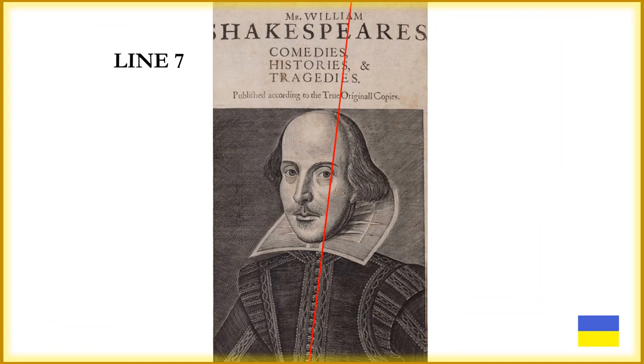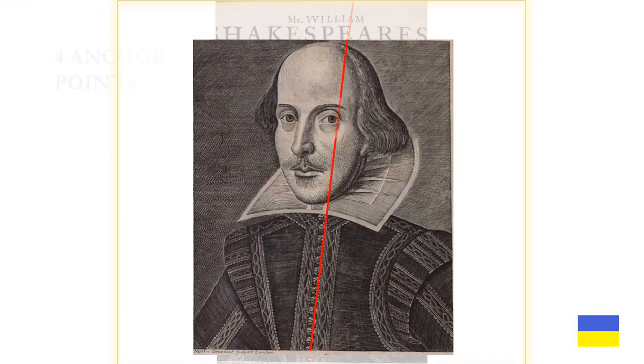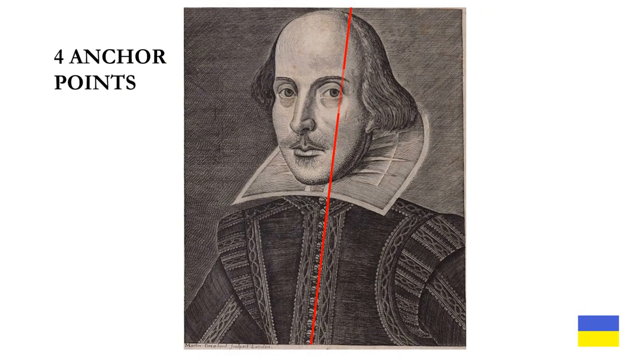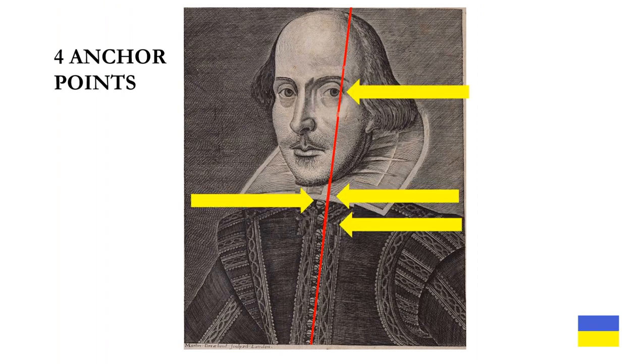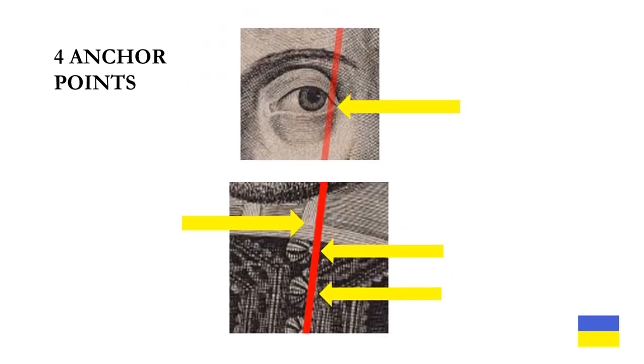Line 7. This is the button line, going straight through the buttons. In the Droeshout engraving, it has 4 anchor points. Top to bottom, they are the right-hand corner of the right eye, his left eye, our right eye, and the junction between the collar seam and the edge of the collar.